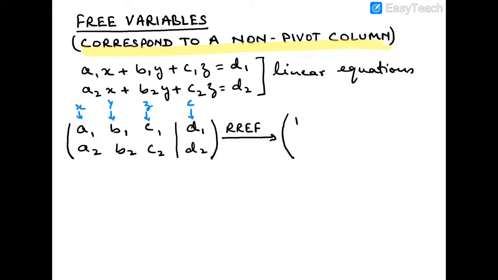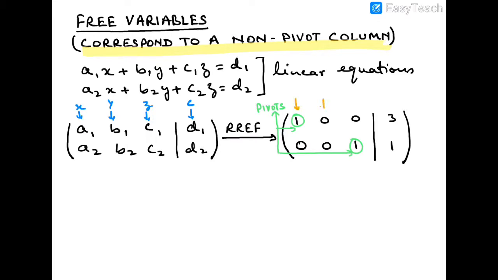Now if the RREF of this matrix is 1 0 0 3, 0 0 1 1, then the leading entries for row 1 and row 2 are 1, and these are the pivots, and x, y and z correspond to column 1, column 2 and column 3 respectively.